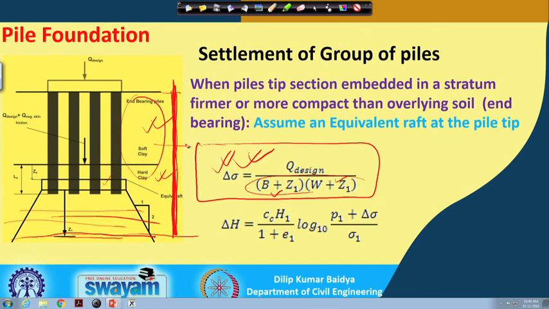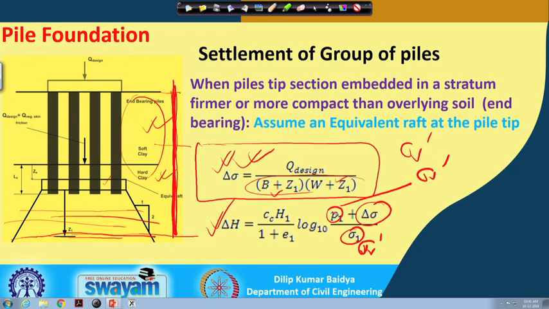Based on that you find delta sigma v dash, and once you get that, we can find out delta H, that means settlement equals Cc H over 1 plus e0 times log 10, and instead of p we can say sigma v dash, which is the stress before applying the load, and this is the delta sigma after applying.